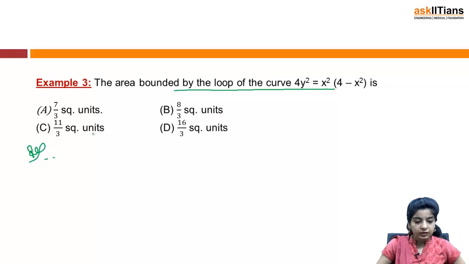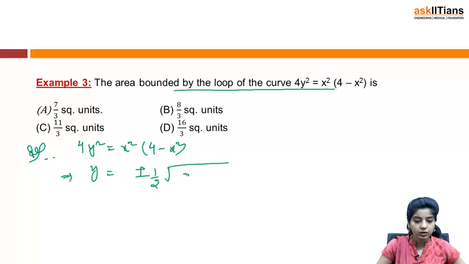So basically we have 4y square is x square (4 minus x square), so y would be equal to plus minus half under root of x square (4 minus x square), and this is equal to plus minus x by 2 under root 4 minus x square.